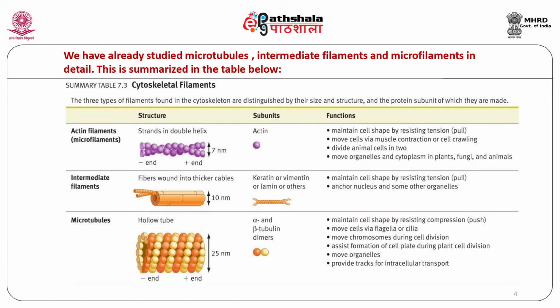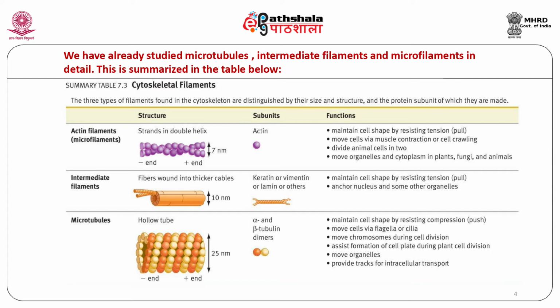Microtubules are long, hollow cylinders made of the protein tubulin with an outer diameter of 25 nanometers. They are much more rigid than actin filaments.